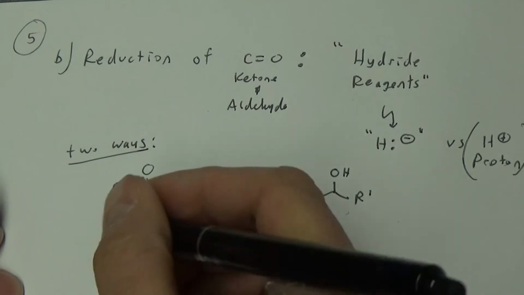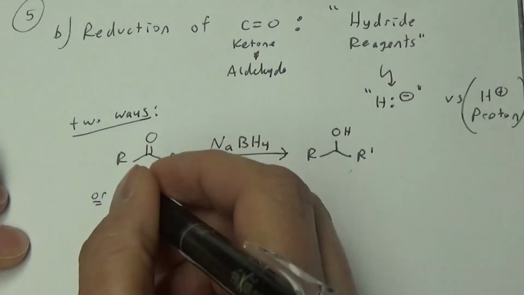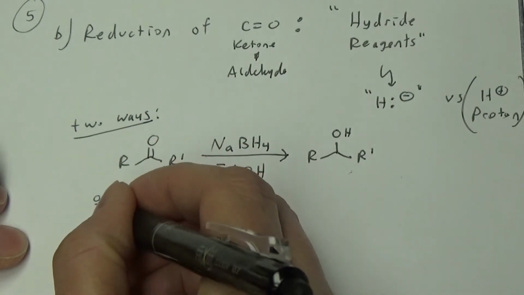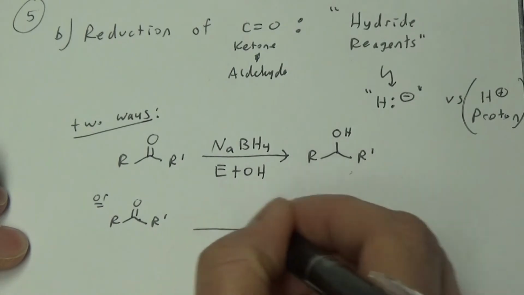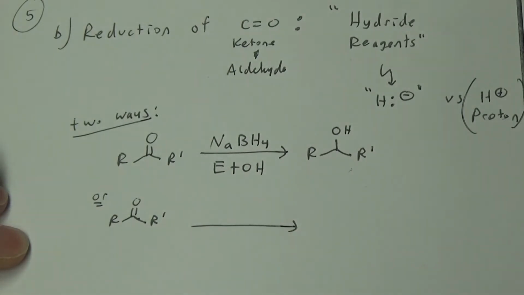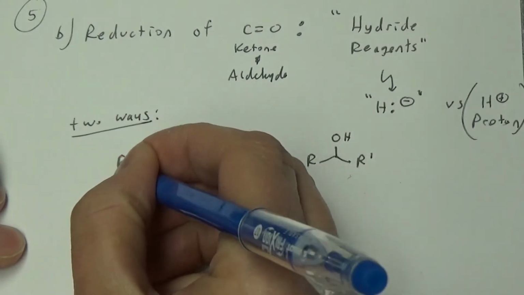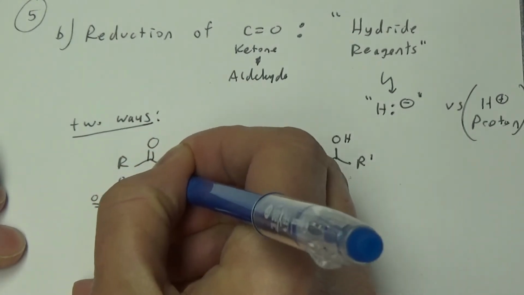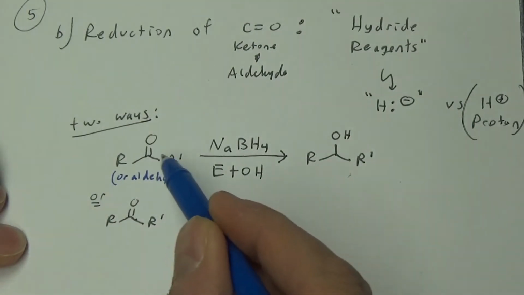All right. The other way we can do this is a different hydride reagent. I just want to say that this is a ketone, but it's also for aldehyde. Aldehyde, of course, is the CH version of this.